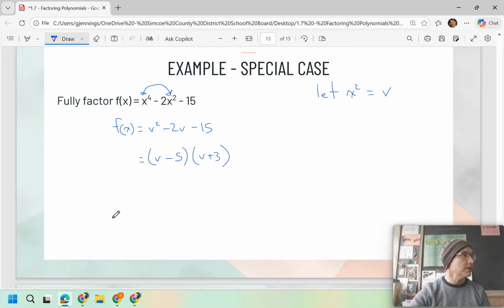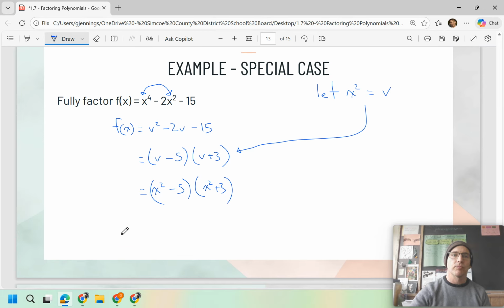Okay, make sense? Now, let's put that back in because we want to show it as fully factored in x squared. So this is equal to x squared minus 5 times x squared plus 3. All right, and that's f of x.